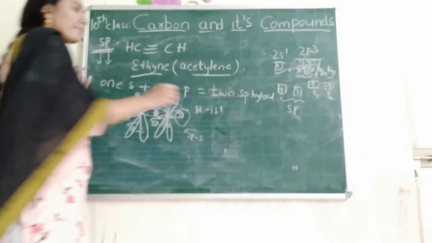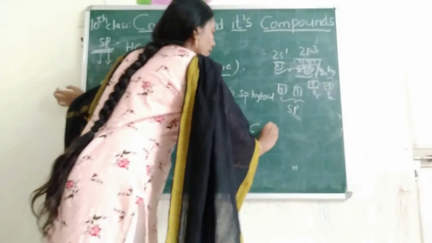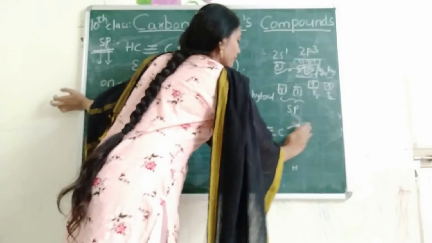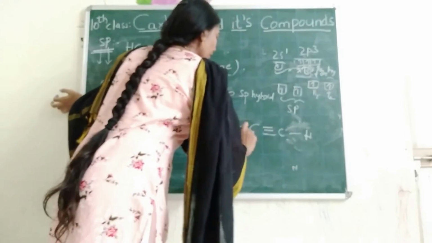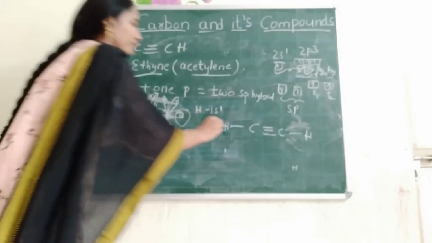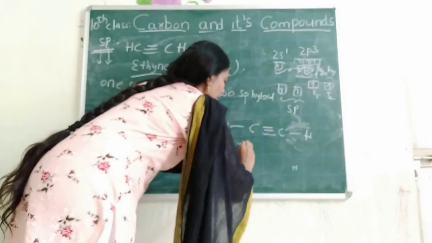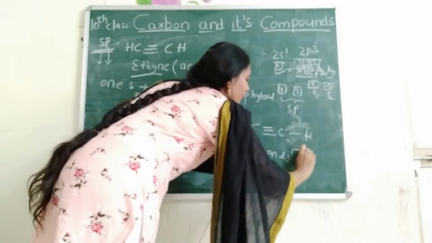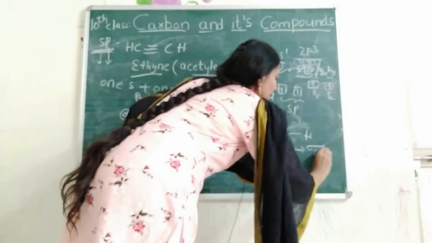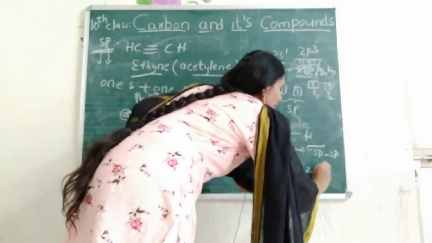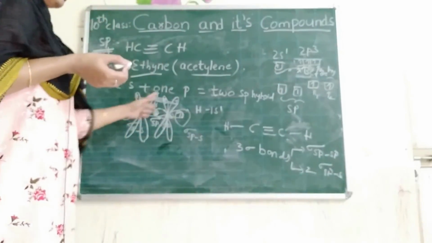Two pi bonds. That means in the ethyne molecule, there are 3 sigma bonds. One sigma bond is a sigma sp-sp bond, and the other two sigma bonds are sigma sp-s bonds.